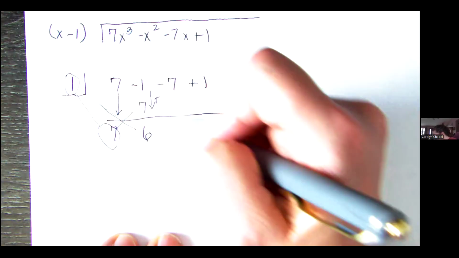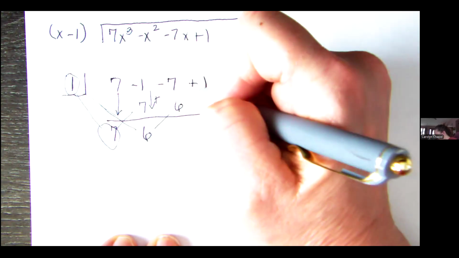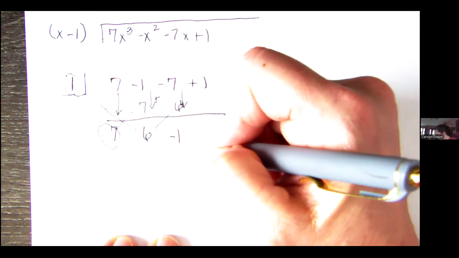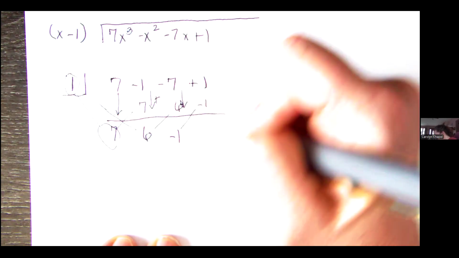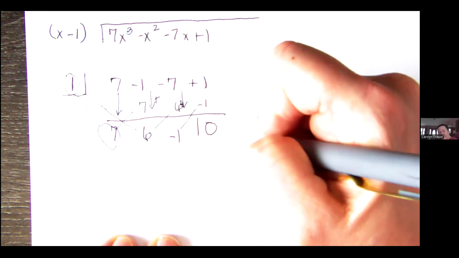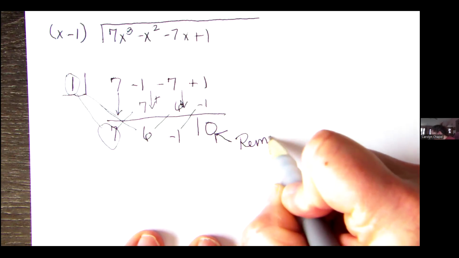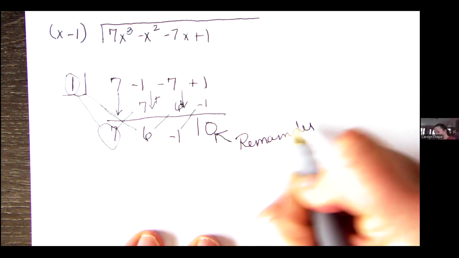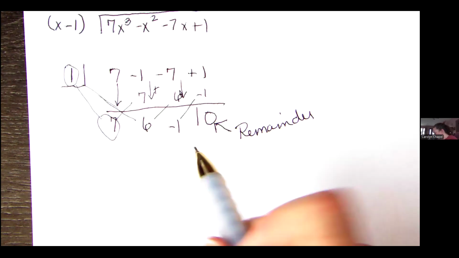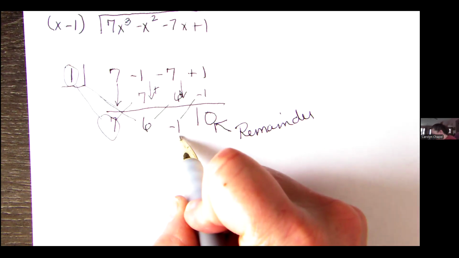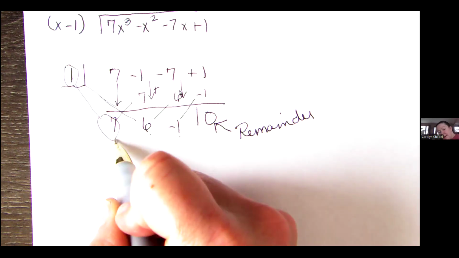We're going to do it again. 1 times 6 gives me 6. We add, giving me a -1. 1 times -1 is -1. And this gives me a 0. This last number will be our remainder. What that gives us now is what was left. So this is my constant term, this is my x term, this is my x squared.